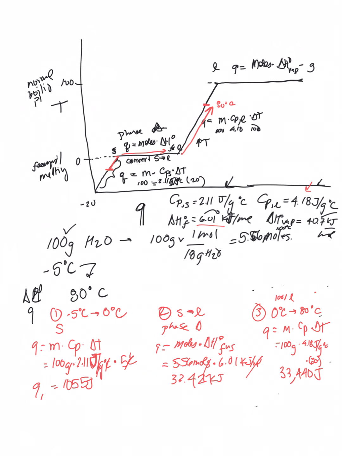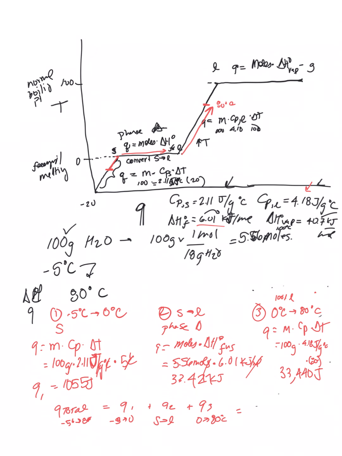Alrighty, so we have our energies associated. So our Q total for this transition, going from minus 5 degrees Celsius up to 80, is going to be equal to the Q1, which is negative 5 to 0, plus our Q2, which is our solid to liquid transition, plus our Q3, which is going from 0 to 80 degrees Celsius.